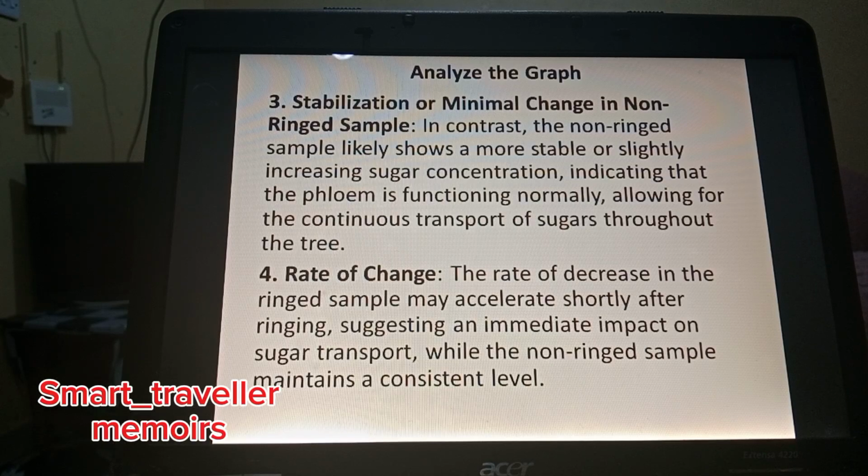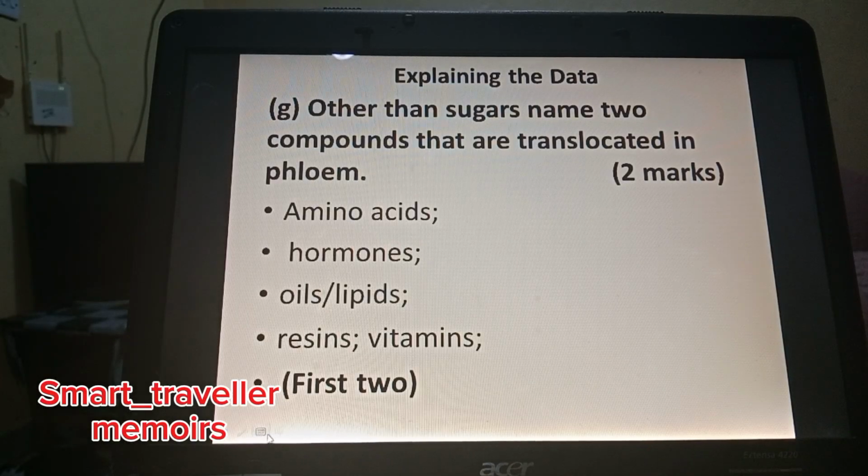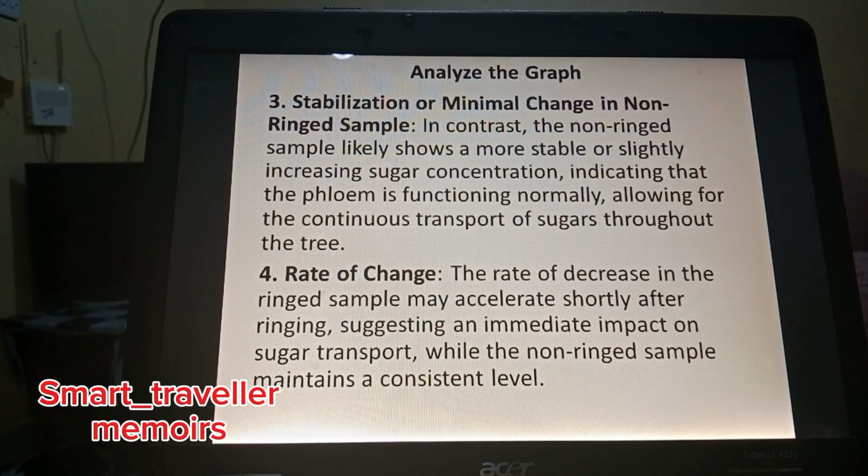Stabilization or minimal change in a non-ringed sample: in contrast, the non-ringed sample likely shows a more stable or slightly increasing sugar concentration, indicating that the phloem is functioning normally, allowing for the continuous transport of sugars throughout the tree.